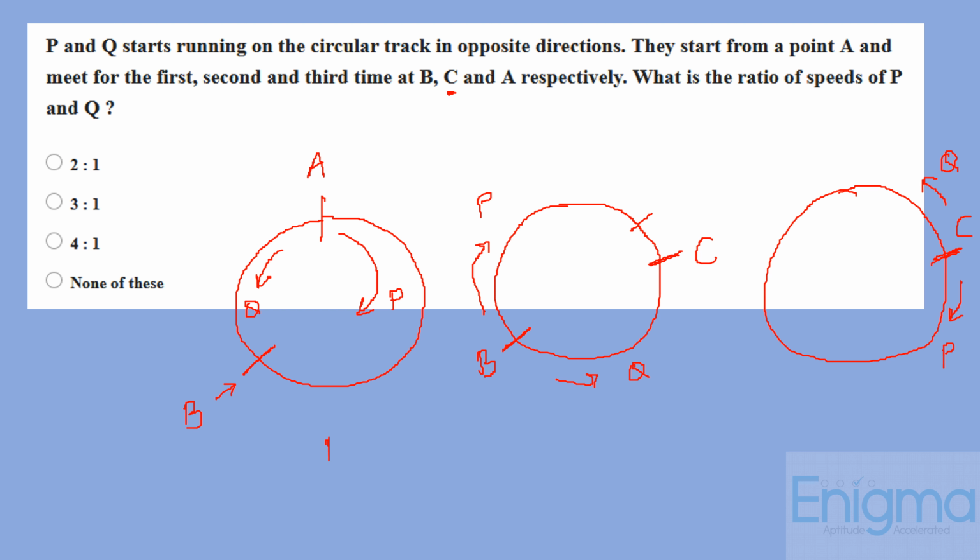Now the halfway point will be somewhere over here, but the third meeting point is given to us as the starting point A. Okay, so now we will see here that P has completed 2 rounds and Q has completed only 1 round. Now distance is directly proportional to speed. So the distance ratio is 2 is to 1. So we can also say that the speed ratio is 2 is to 1.